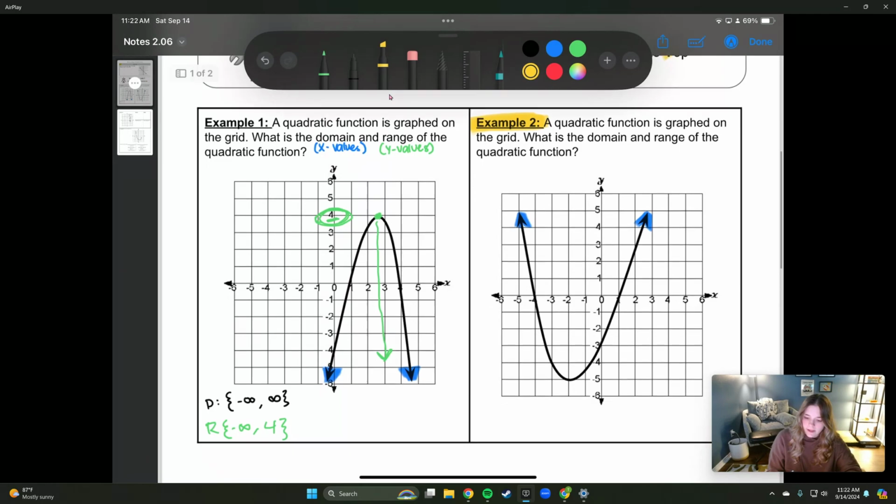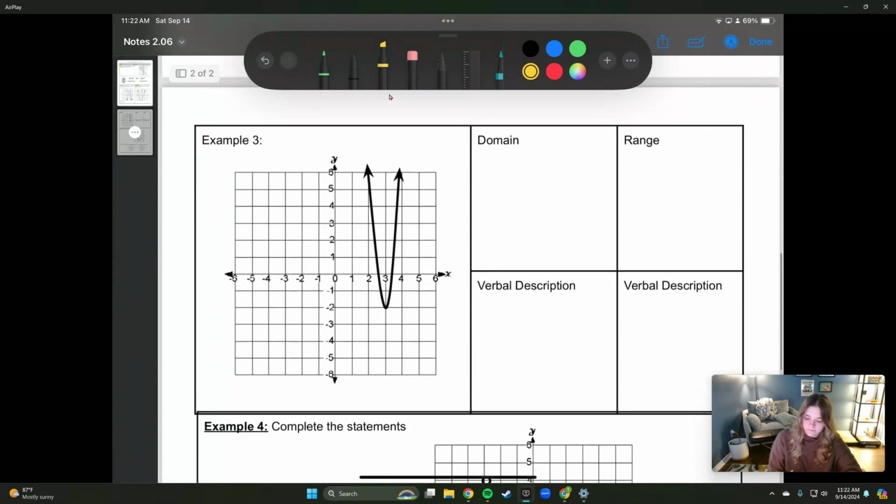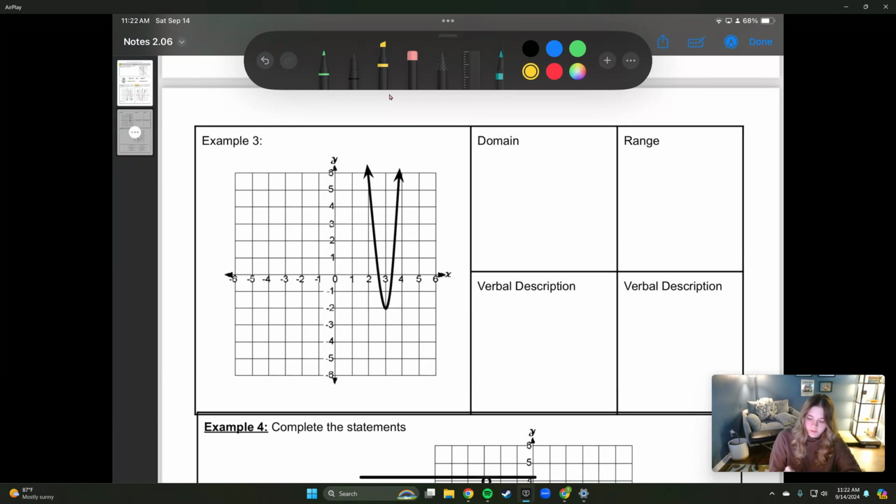All right, let's look at the back page here. Example 3. Okay? Now, for this one, you are going to tell me the domain and the range, which again, pay attention to these little arrows here, right? That should tell you exactly what your domain is.